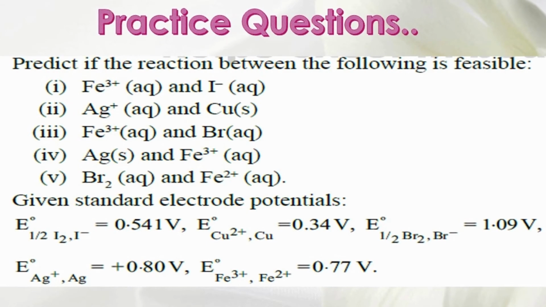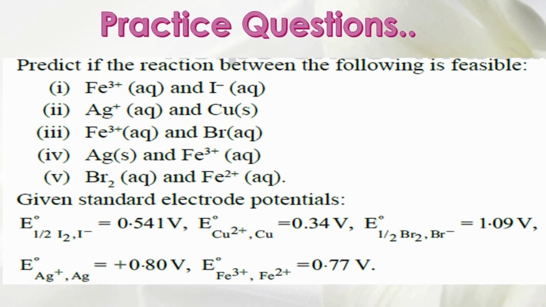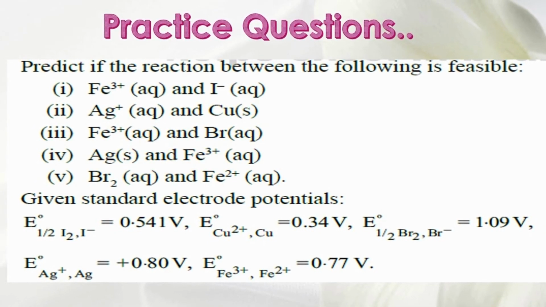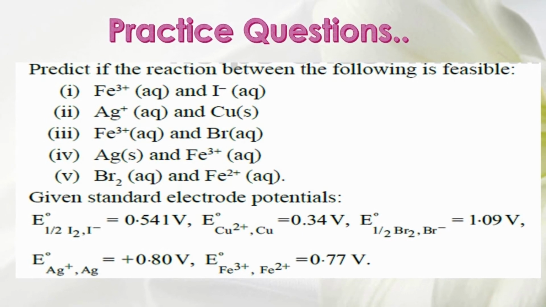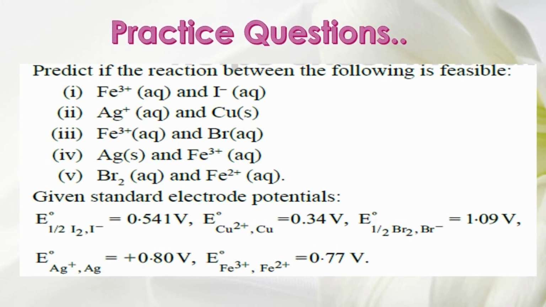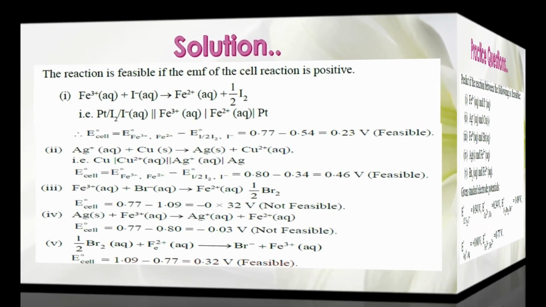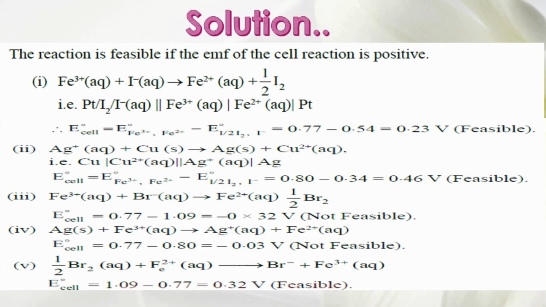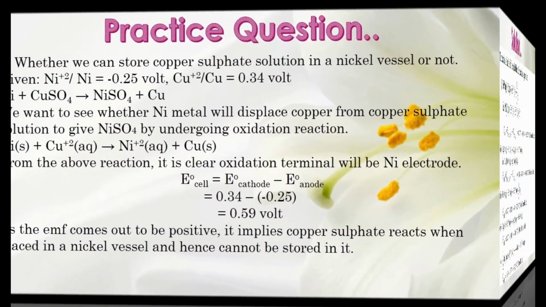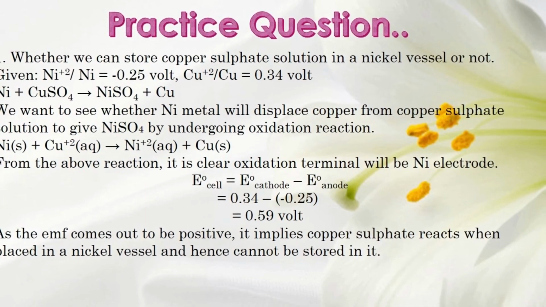Students, now you try to solve this question, remembering that if the E naught cell value of the given reaction is positive, then that reaction is feasible. Check whether you have answered correctly. Try to answer this question also.